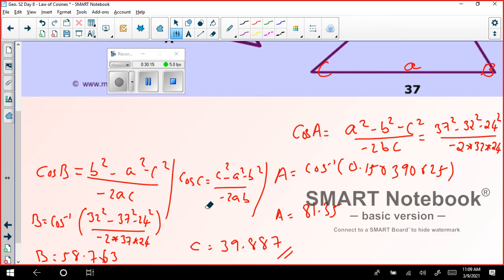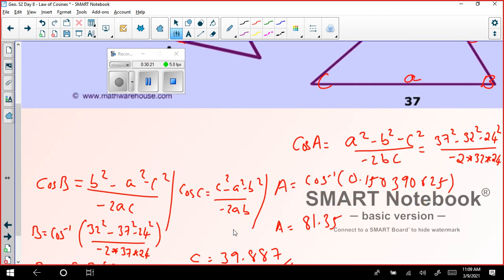Cos C, no solution. Did you check properly, Coral? Let's do once again. I think you may have missed. C was what? C was 24. So just take 24 square minus A was 37 square and B was 32 square, divided by negative 2AB.